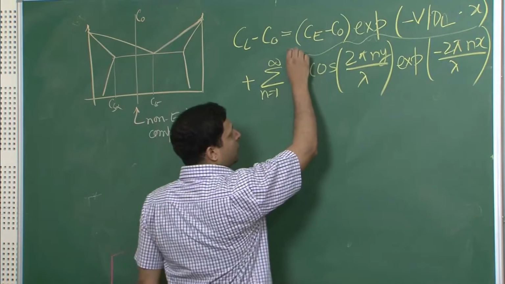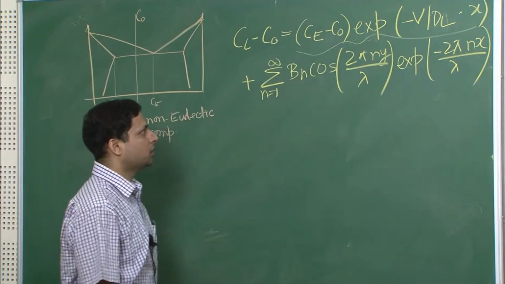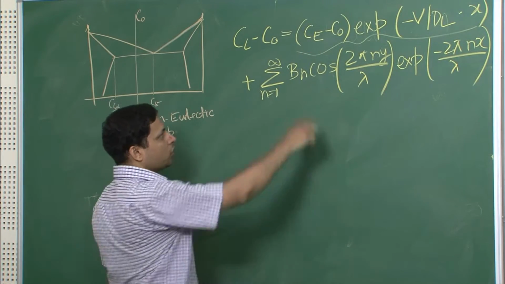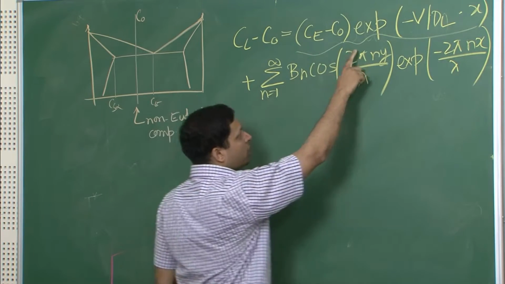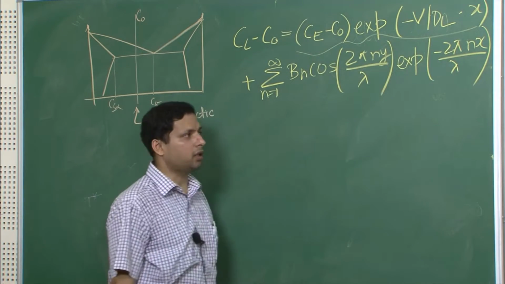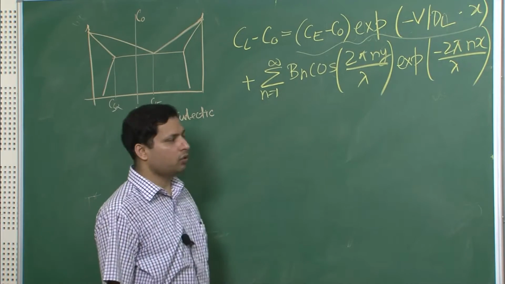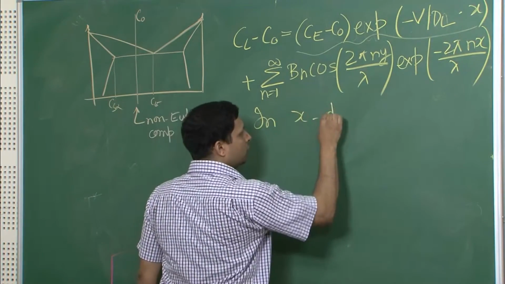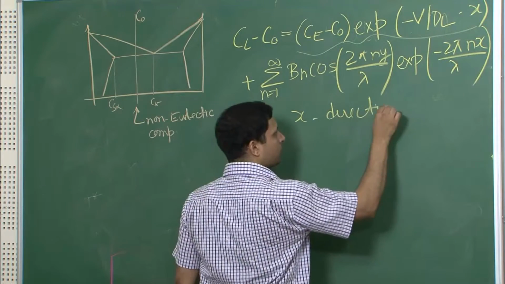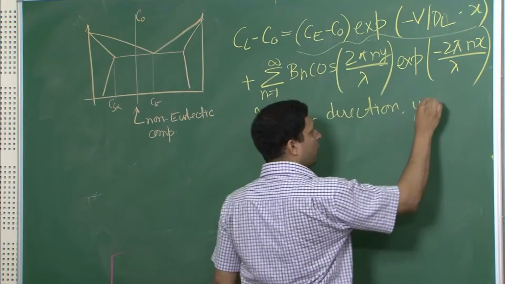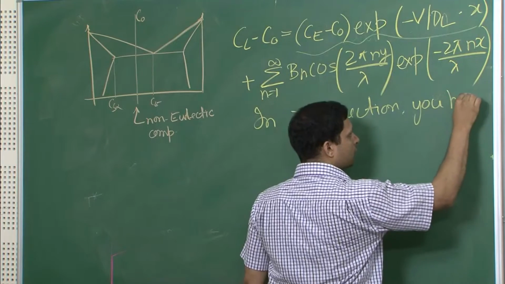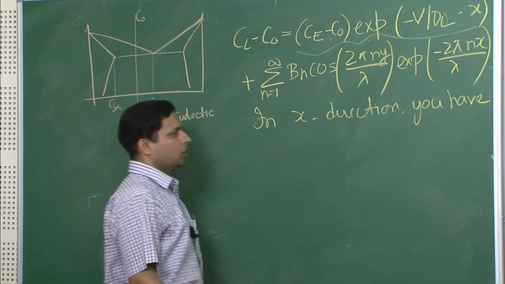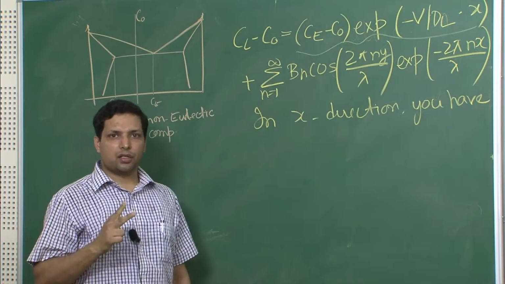Now when we look at this particular relation, you would see that there is an exponential factor there, and therefore if you look in the x direction, you have two different characteristic lengths.